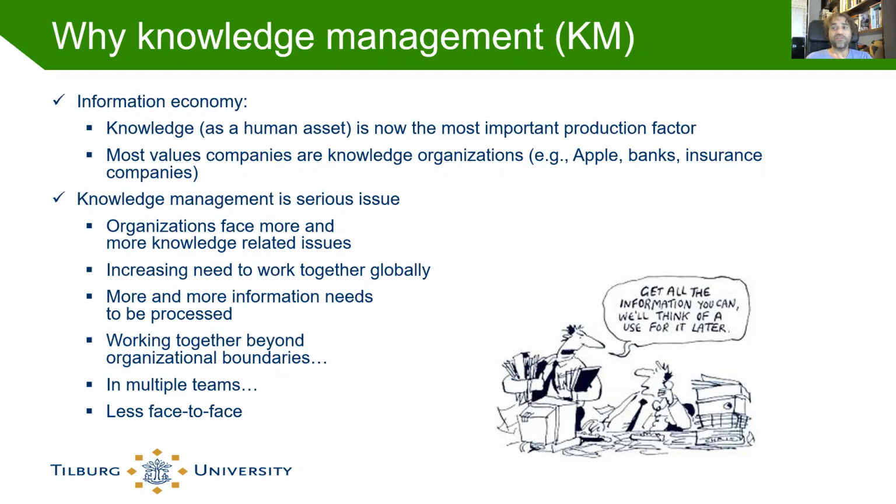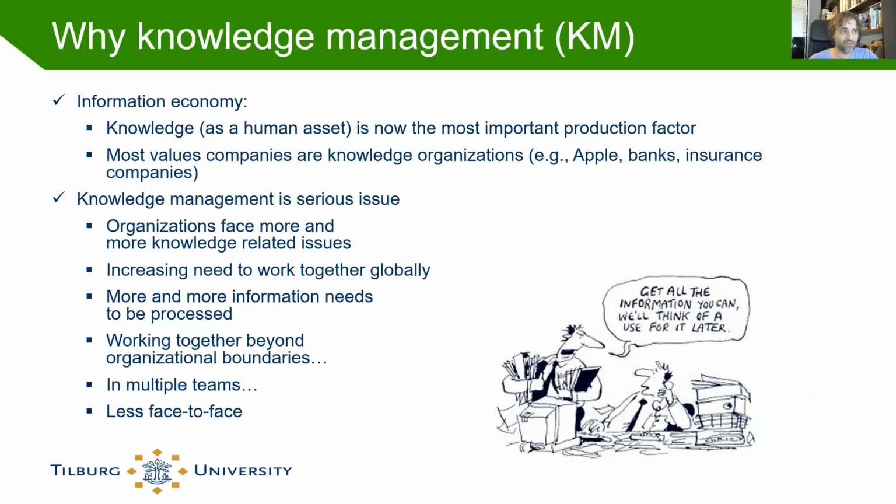But knowledge is also very difficult, period. Because if you look at the current economy and how people have to work now, people have to work from home. They have to communicate with each other from home. But even before Corona, organizations became much more flexible. Organizations are global. People have to work with each other from different continents in different virtual teams.